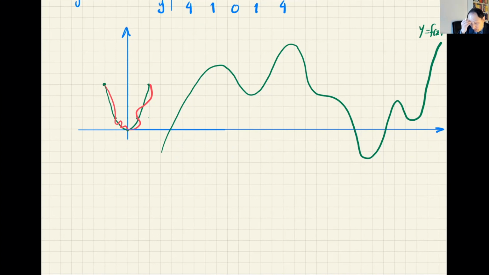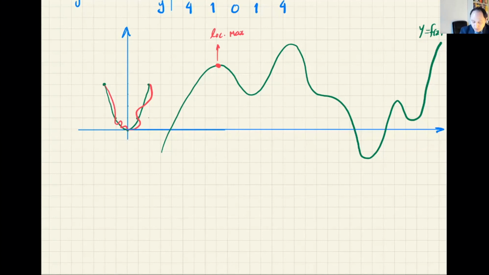Okay, so let us first concentrate on these points. Let me tell you them officially. This point here, you see, let me change the color, is called a local maximum point. Local maximum. Why do we say local maximum?